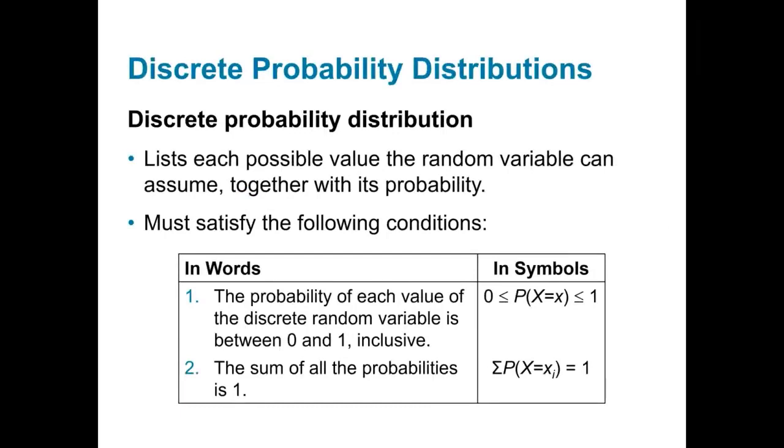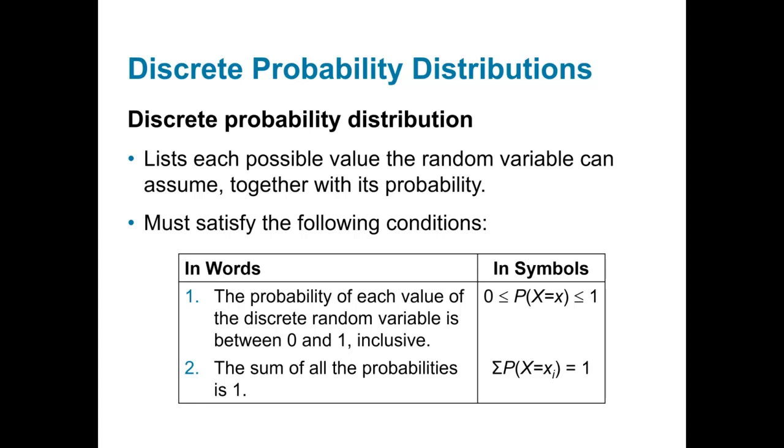Put continuous out of your head for a little bit. We're going to come back to continuous in Chapter 6, and continuous is going to be where we are for the majority of the rest of the semester. But for now, we're just going to focus on discrete, and we're going to be talking about a discrete probability distribution. A discrete probability distribution is basically a table of every single possible outcome. Remember, we have a finite countable number of outcomes, so we can list out every single outcome that we could get.